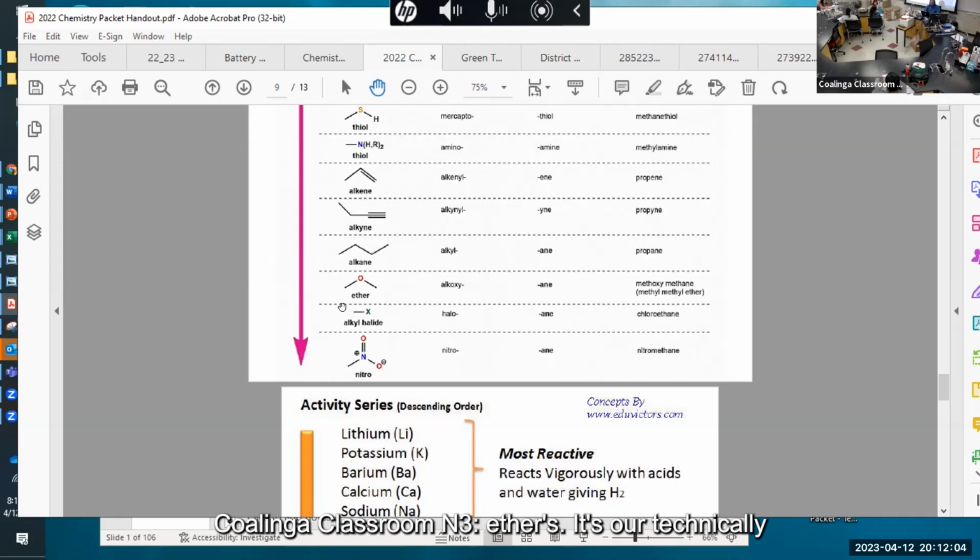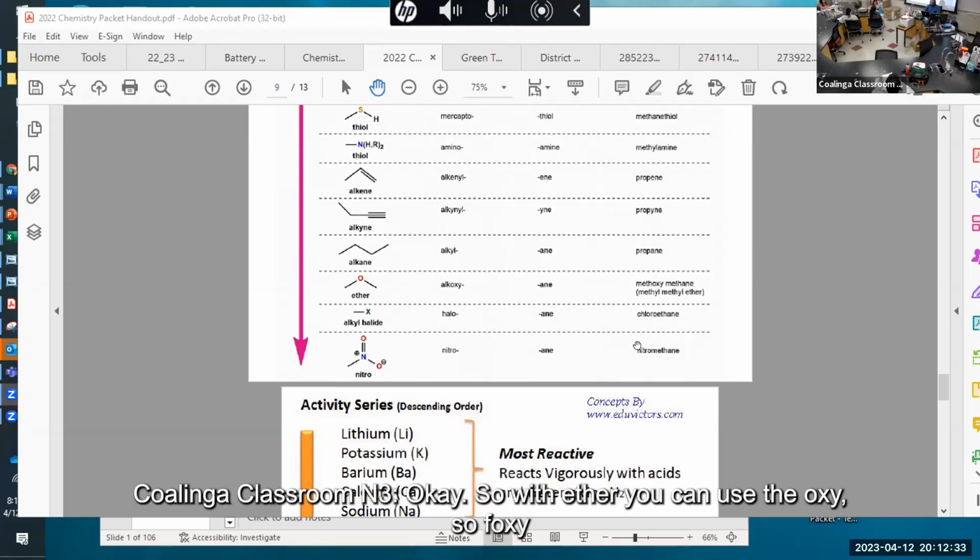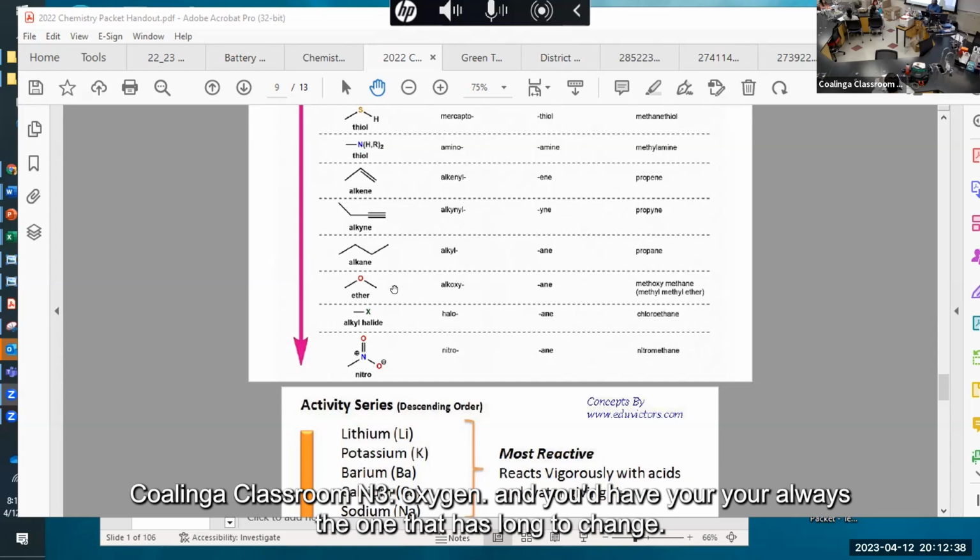Ethers are technically above, sort of. Let me explain why. With ethers, you can use the oxy. Oxy just means oxygen.